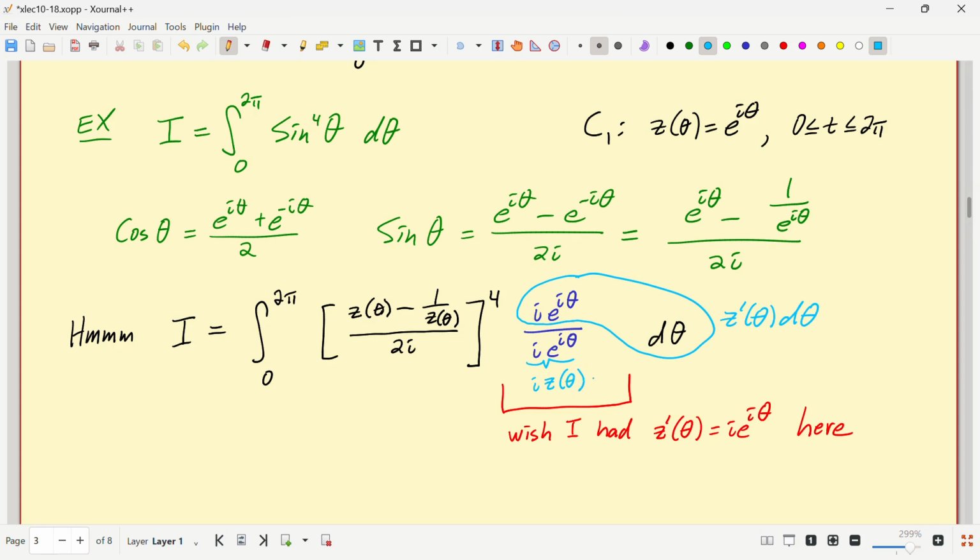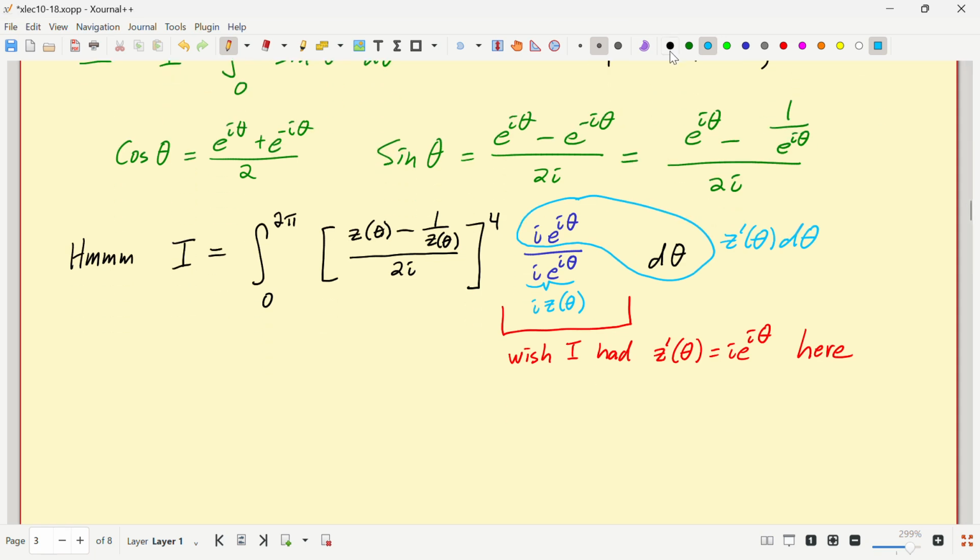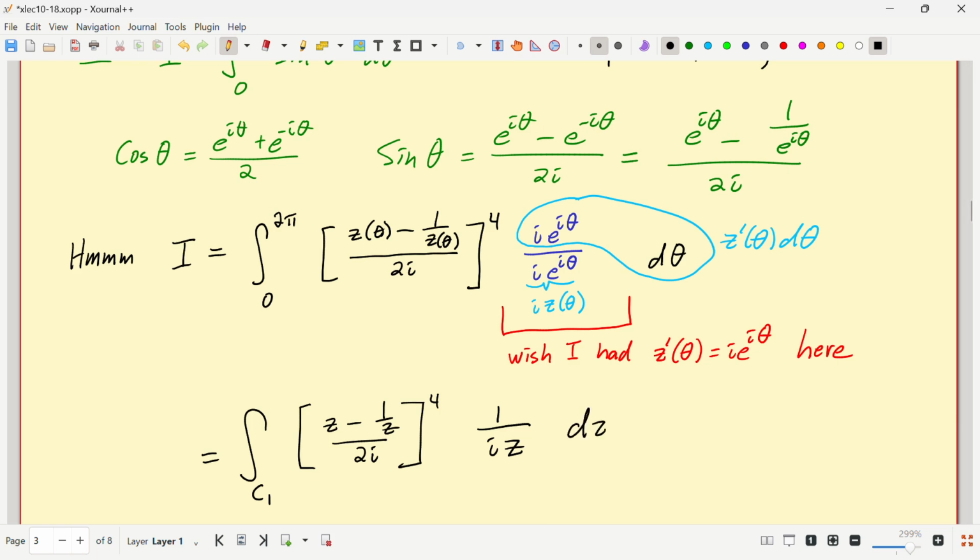So I didn't change anything by multiplying by 1, but when I look at it that way, I realize, aha, this is a contour integral around the circle of radius 1, and here I have z minus 1 over z over 2i to the fourth. And here I've got 1 over i times z dz.